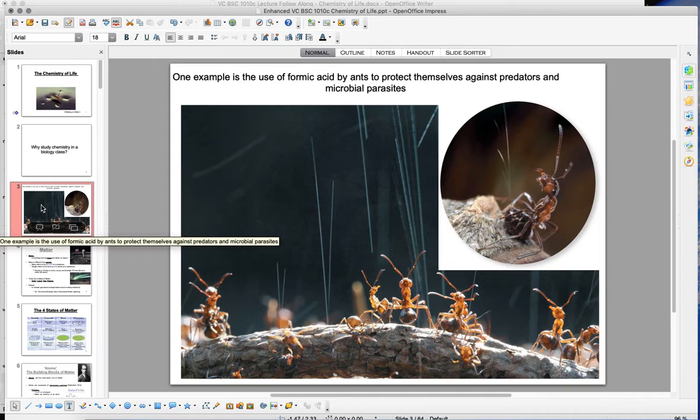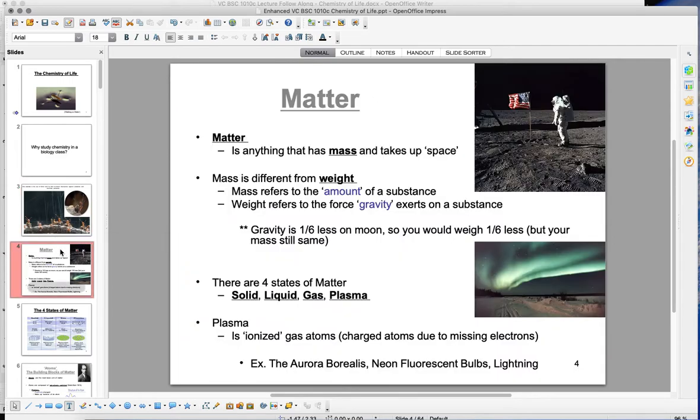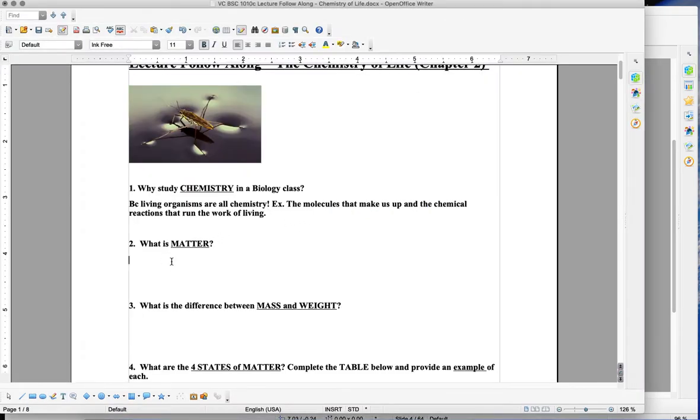Okay, all right, so let's start from the basics. So what is matter? Matter is the main, basic thing here. Matter is anything that has mass and takes up space. So let's write that in our guide. Matter is anything that has mass and takes up space.